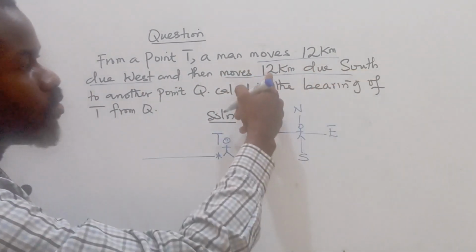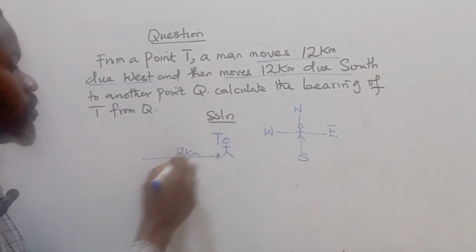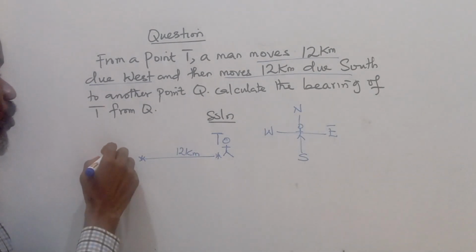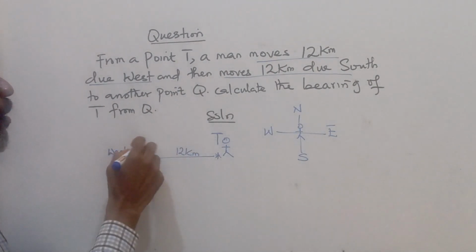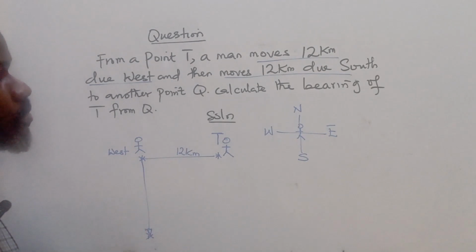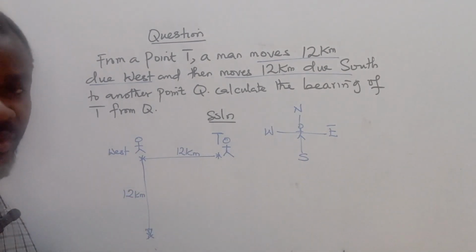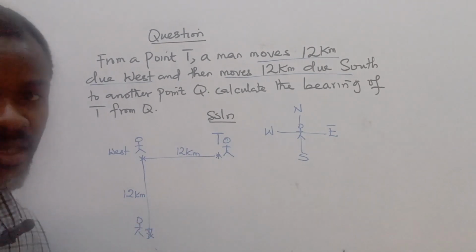This is 12 kilometers to the west. So he has moved to the west. Now from that point, he moves towards the south, another 12 kilometers.